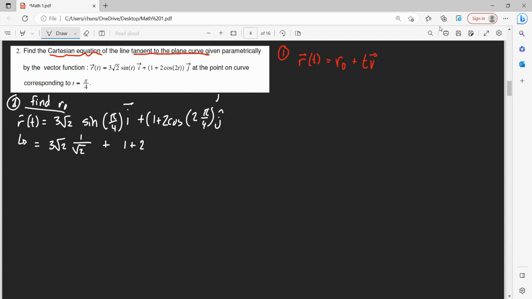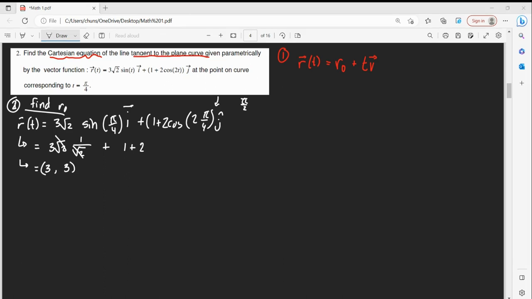And when we simplify this a little bit more, this is pi over 2, which is 90 degrees. We know 90 degrees cos is 1. So that's just 1 plus 2. And then that gives us, so these cancel out. So that's 3 and 3. If I am not mistaken, I will check.